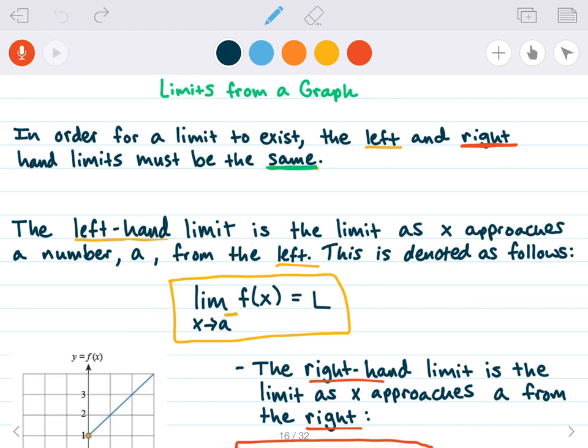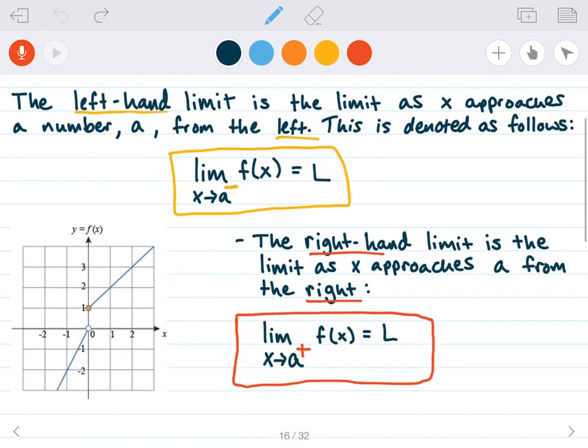In a similar way, the right-hand limit is denoted with this plus in the superscript. So the limit as x approaches a from the right of f of x is equal to L. That's what this says. And then up here, the limit as x approaches a from the left of f of x is equal to L.